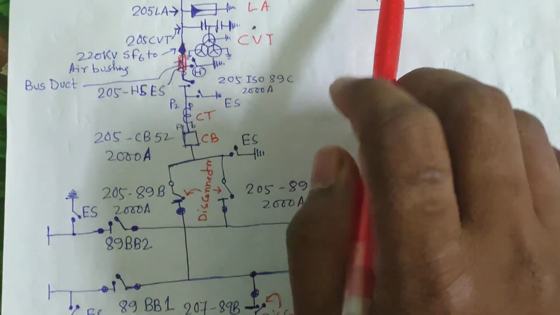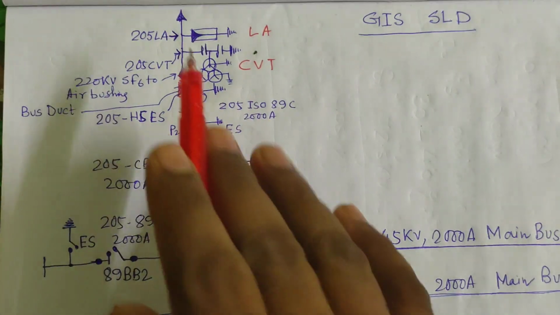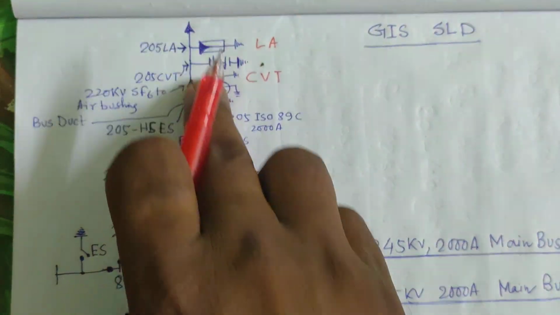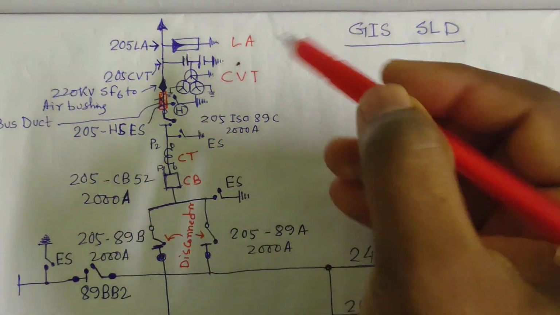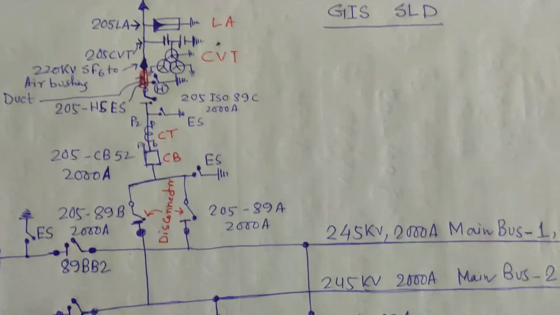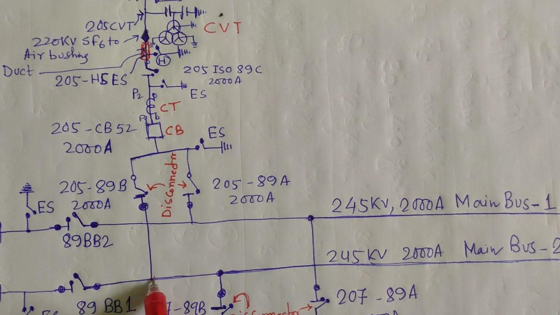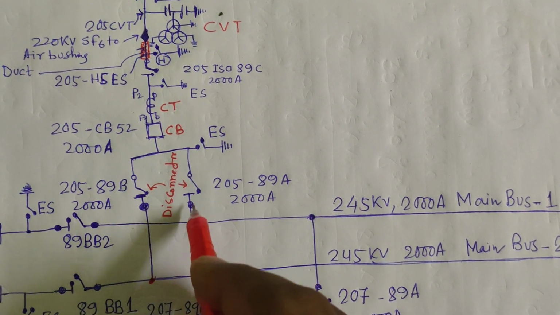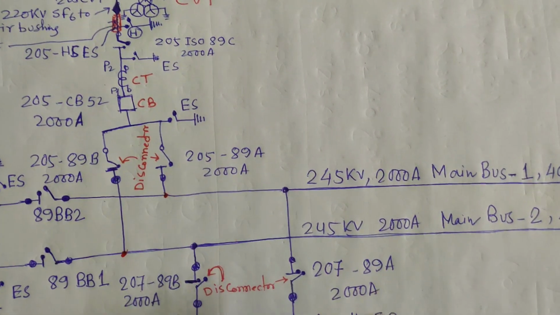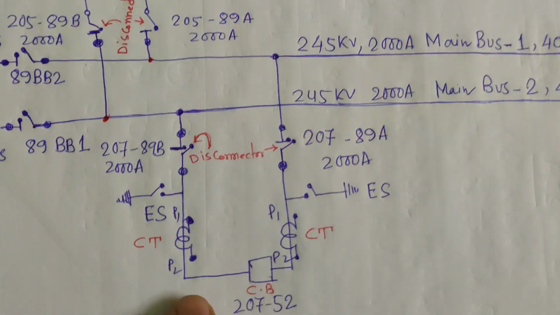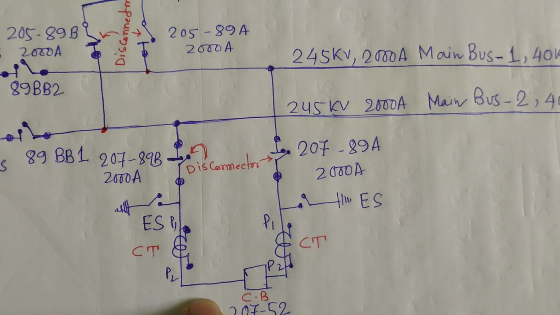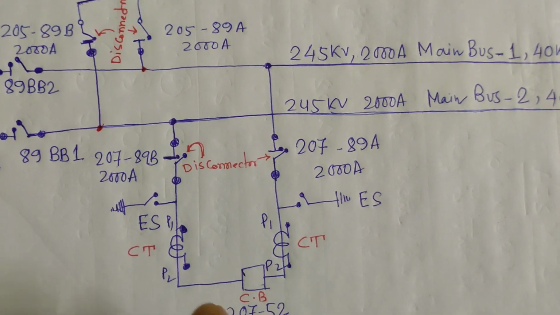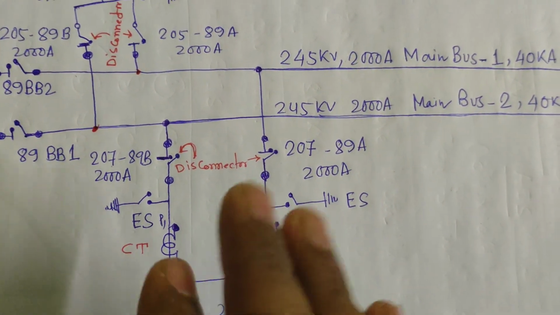That was the simple diagram, and this is the complex diagram. The incoming is coming through this bay, and the power is feeding to the main bus 1 and bus 2. Then again bus 1 and bus 2 are connected with the bus coupler. Here the bus coupler concept is present in the GIS system, but no TBC, transfer bus coupler, is present.